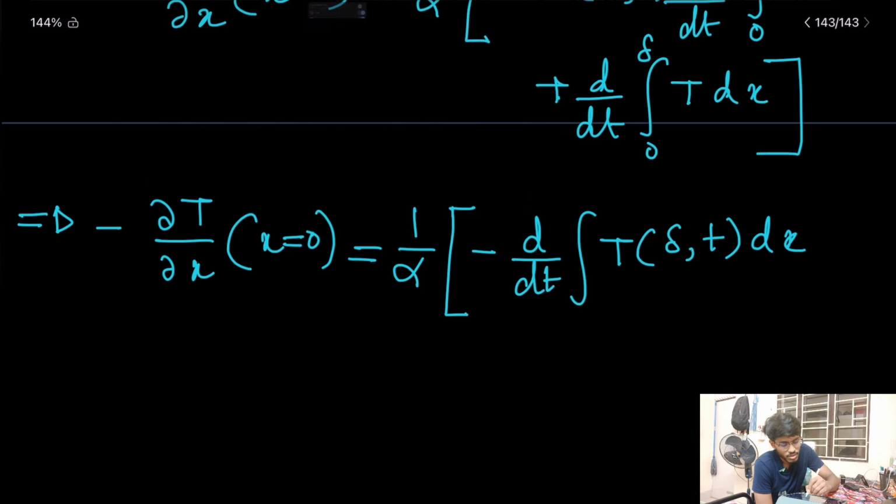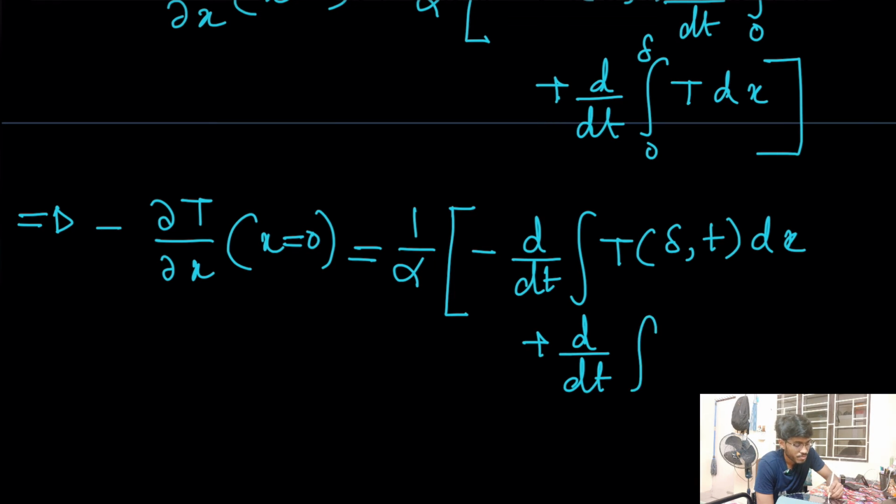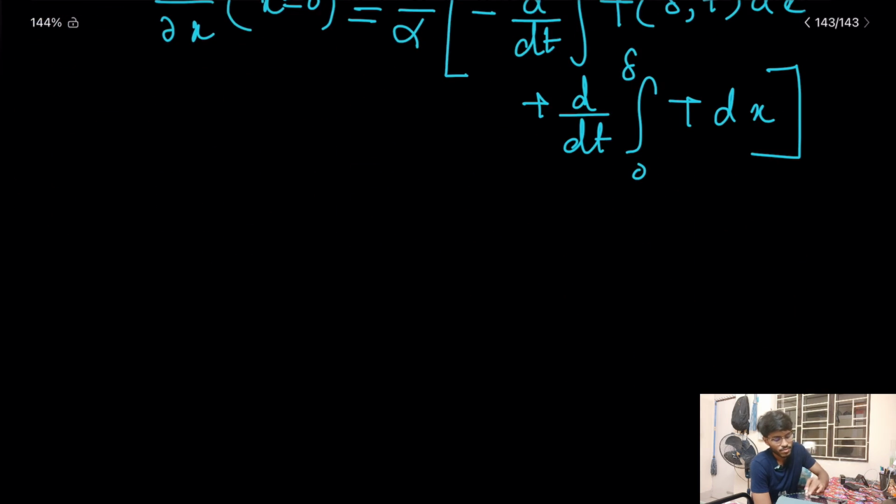So this becomes what? Plus d/dt of 0 to delta(t) dx. Okay.